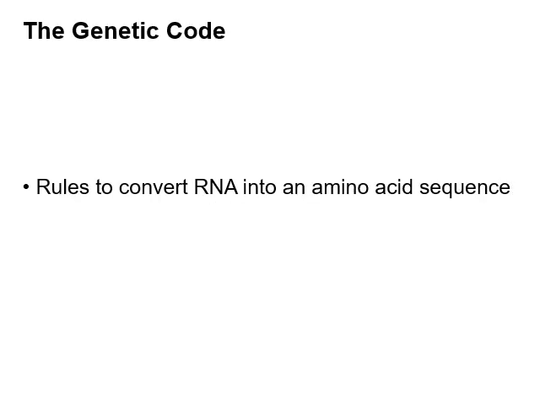Okay, so let's talk a little bit about what's known as the genetic code. The genetic code is essentially the rules that are used to convert RNA into an amino acid sequence, right? So we're always going to be going from RNA to amino acids because remember the information flow. We start with DNA and we use transcription to make RNA from it.